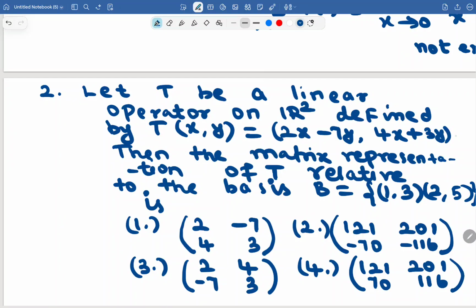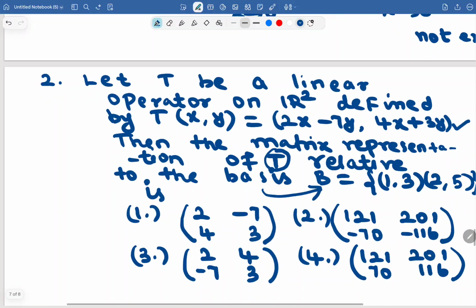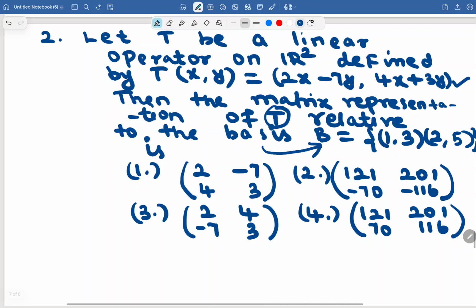T is defined by T(x, y), which is given as (2x minus 7y, 4x plus 3y). We have to find the matrix representation of T relative to the basis B = {(1, 3), (2, 5)}. You have to check which option is the correct option for this problem.